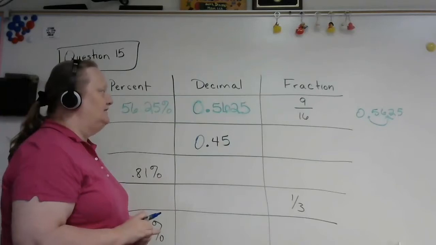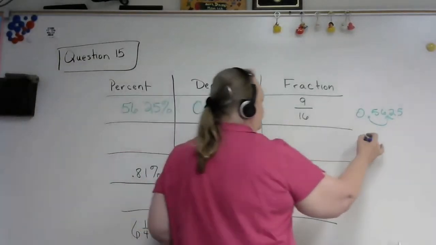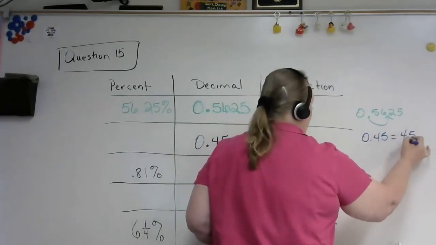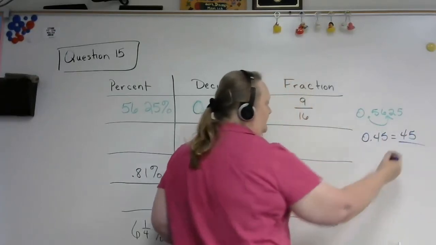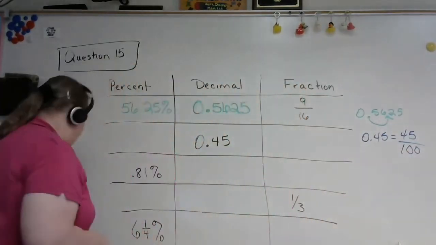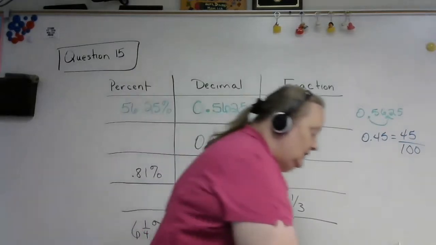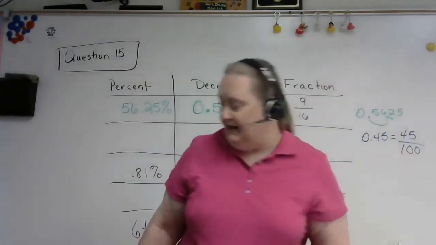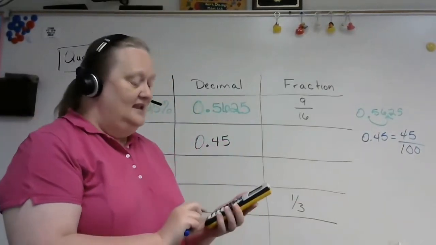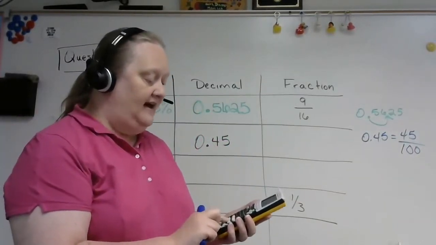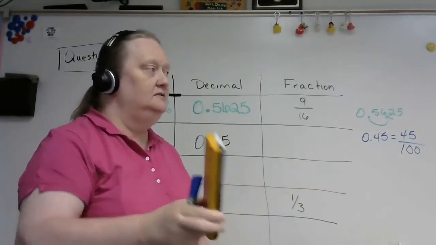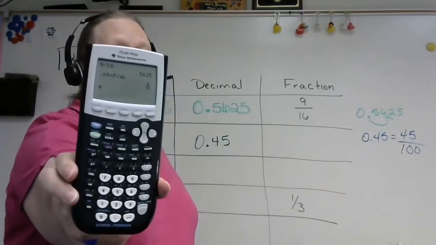So 0.45, to write that as a fraction, that would be 45. There are 2 places after the decimal, so that would be a 1 with 2 zeros. That makes that 100, but that does need to be reduced. So I'm going to use my calculator and type in 0.45 math fraction, and that reduces that down to 9/20.